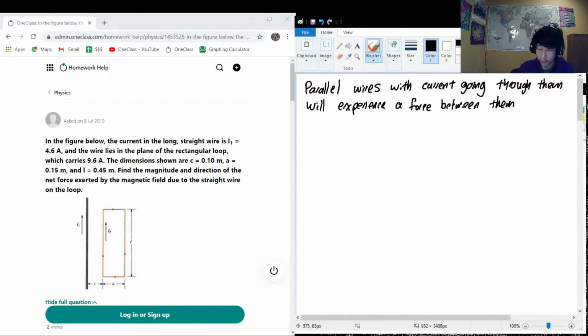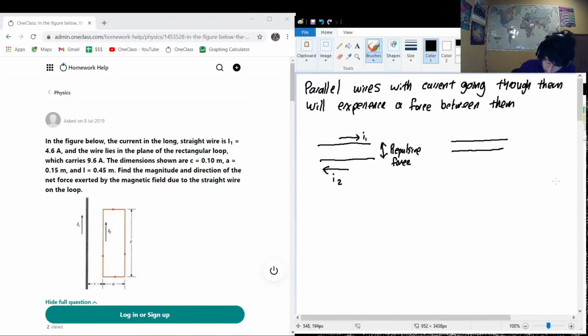Now, which direction is that force? If the currents are going opposite directions, like this, so here we have I1, here we have, in the opposite direction, I2, the force is repulsive. But if the currents are going in the same direction, they're attractive.